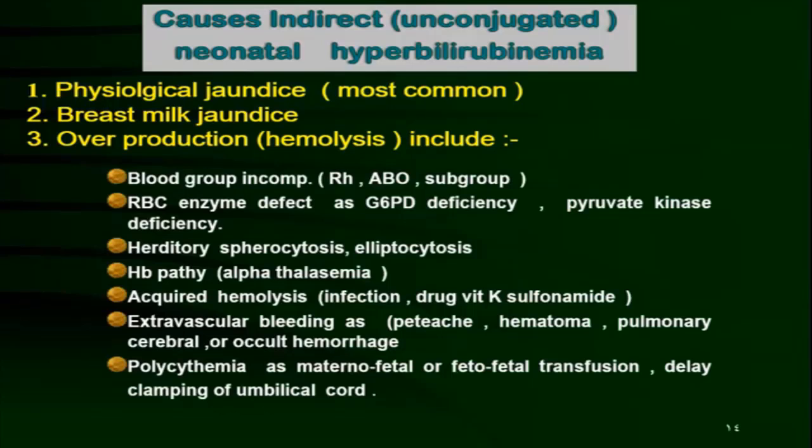RBC enzyme defects such as G6PD deficiency, pyruvate kinase deficiency, spherocytosis, alpha thalassemia, acquired hemolysis by infection, drugs such as vitamin K and sulfonamide, extravascular bleeding such as petechiae, hematoma, pulmonary hemorrhage, or any occult hemorrhage. Polycythemia, as in maternal-fetal or fetal-fetal transfusion, and so on.